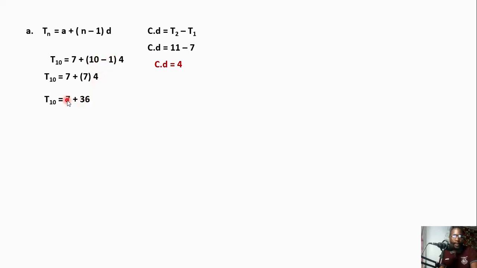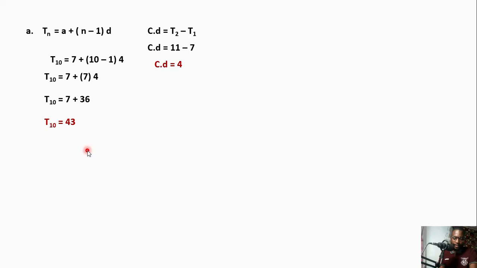Then you now say, what is 7 plus 36? 7 plus 36 is 43. So the 10th term is 43. So don't forget here to put a 9, because 10 minus 1 is 9, not a 7.